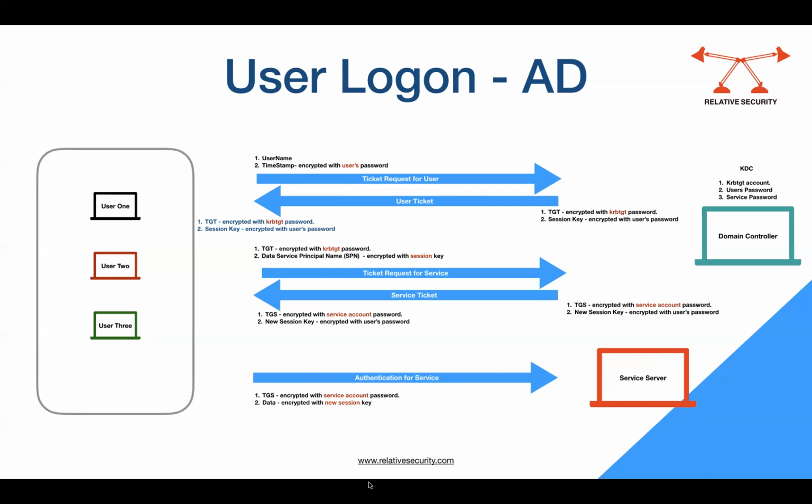Once it knows the service principal name, since the service principal name is just like a username, it will take out the service long-term key and it will create another temporary new session key. This new session key will be encrypted using the service password, the service account's password.